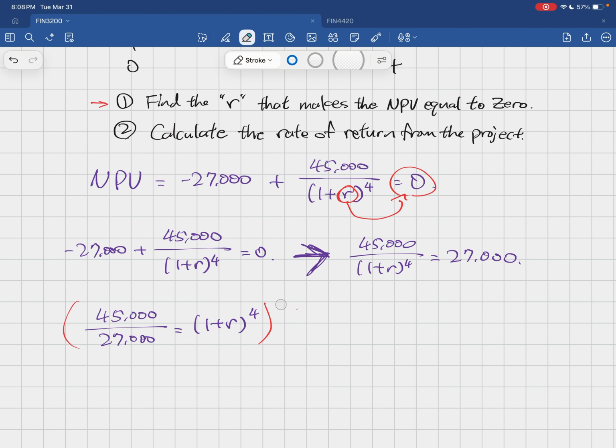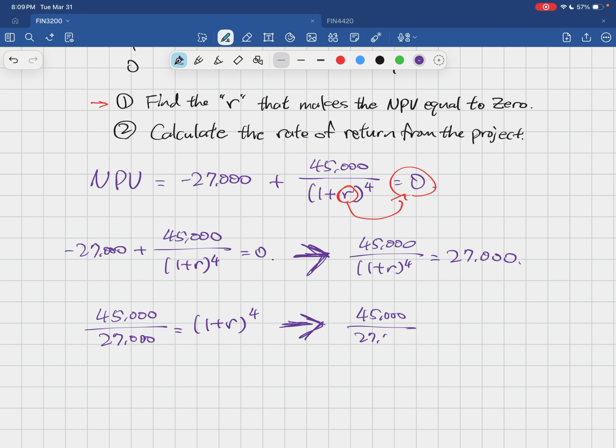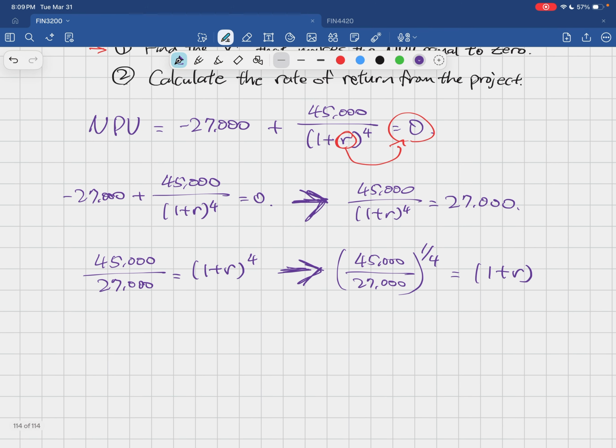So this becomes 45,000 over 27,000 raised to the 1 over 4 equals 1 plus r. Okay? And to get r by itself, we just deduct 1 on both sides. So the r that makes the NPV equal to 0 is then 45,000 over 27,000 raised to the 1/4 power minus 1.